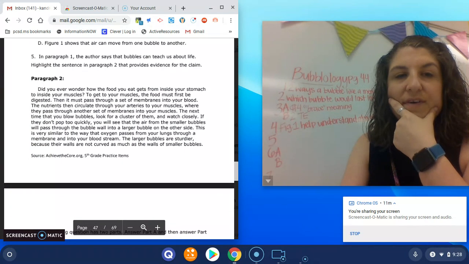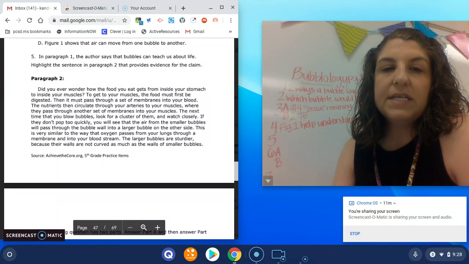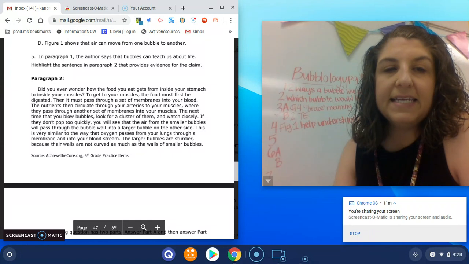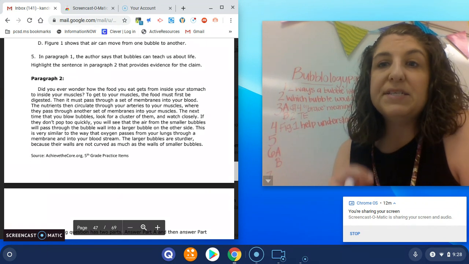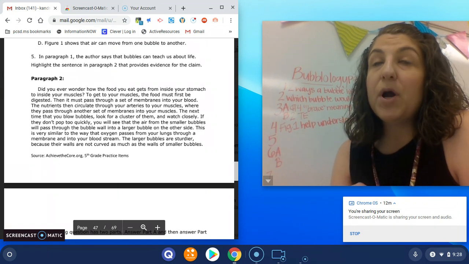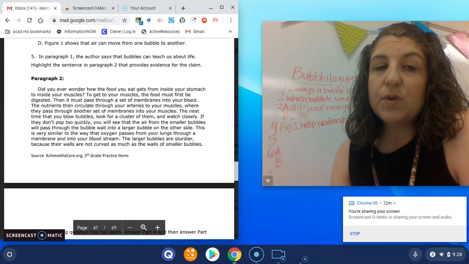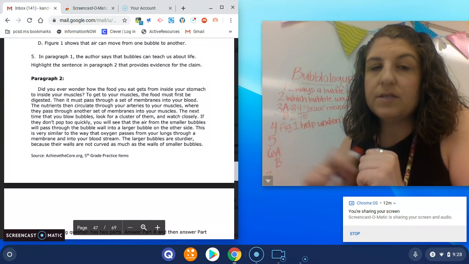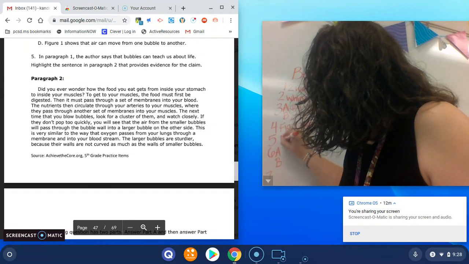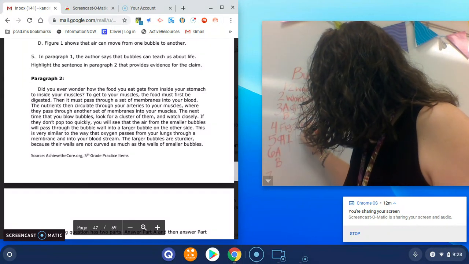Number 5, in paragraph 1, the author says that bubbles teach us about life. Highlight the sentence in paragraph 2 that provides evidence for the claim. So think of this question as a Part B to a Part A, because you're looking for support for information it already gives you. So you're looking for your Part B to this question. We know we're looking in paragraph 1, and we're looking for evidence.